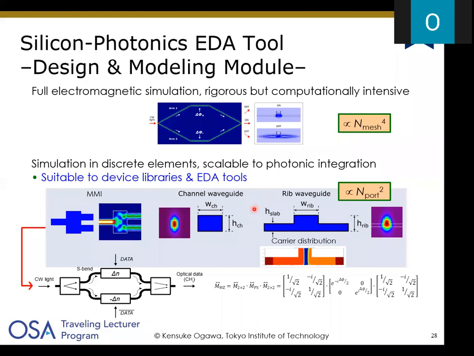So light field simulation and carrier distribution by physical simulation are combined with this sort of transfer matrix format to design the modulators. Actually, these schemes are equipped in commercialized EDA tools.